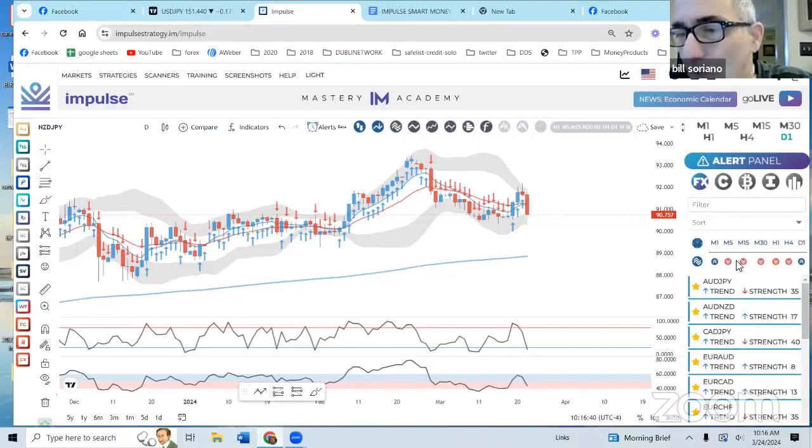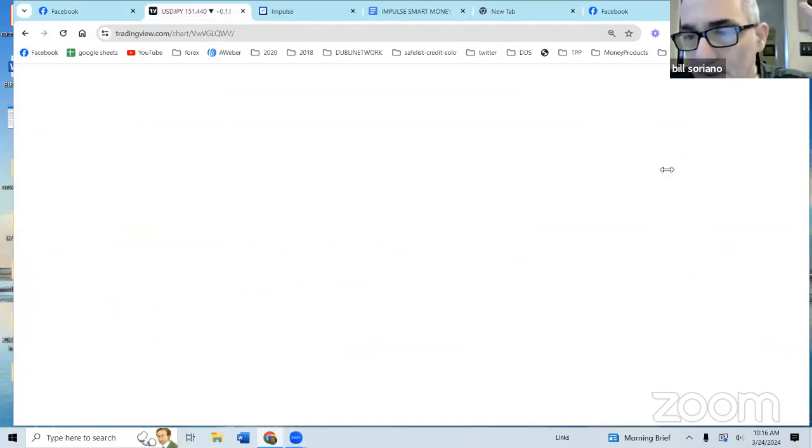Okay, now again, once the pairs are verified, where the 15-minute through the daily are all synchronized, you flag them in TradingView. You can see we have these pairs flagged here.